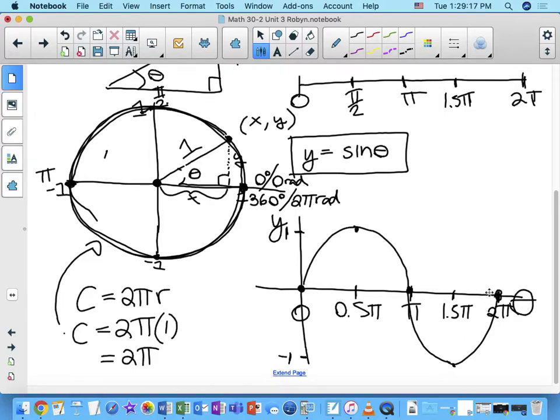It has a period of 2 pi, starts at 0, and goes to 2 pi. That's because, remember, when you start at 0 and go all the way around a circle, the circumference is 2 pi. So 2 pi radians is equal to 360 degrees. And the amplitude is 1, so it goes up to +1 and down to -1.